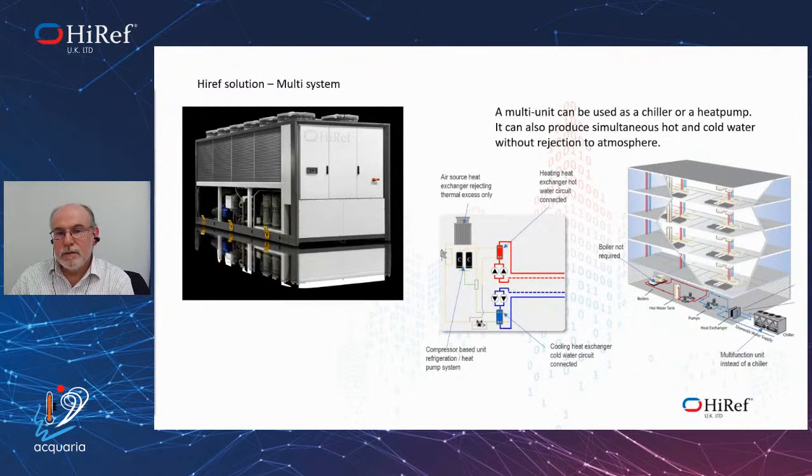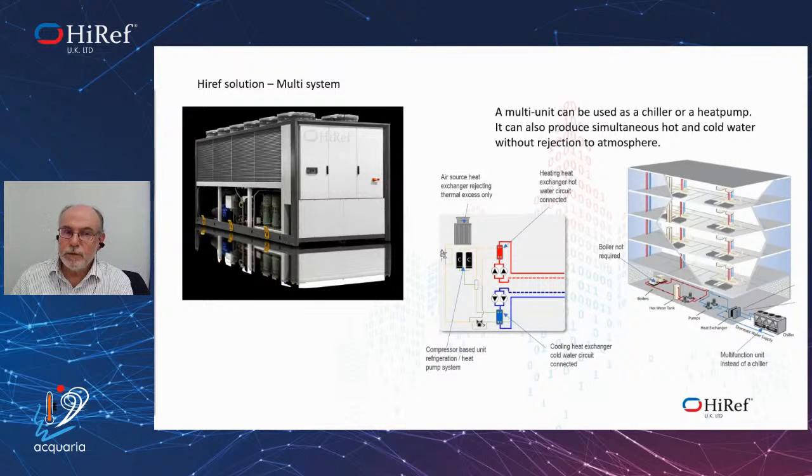The other solution is to think about a multi-system unit. Now, multi-system is a bit more unusual in that, instead of a heat pump either heating or cooling, you can blend them. And so, using a refrigerant cycle and pumps on the hot side and on the cold side of the evaporators, you can ensure that you can balance out how much heating, how much cooling.